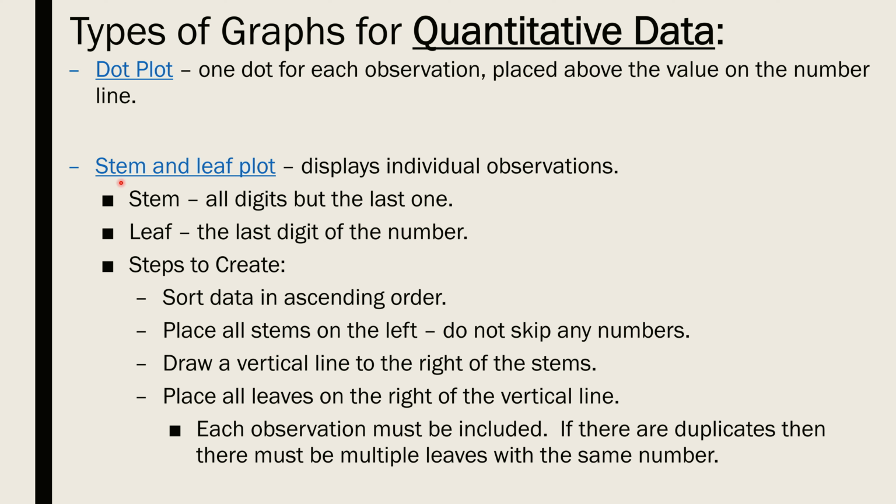We can also use stem and leaf plot to represent quantitative data. Stem and leaf plot displays individual observations. Stem represents all digits but the last one. Leaf represents the last digit of the number.